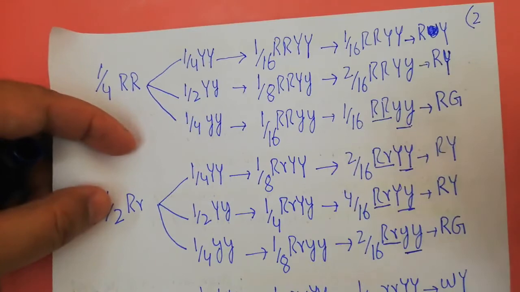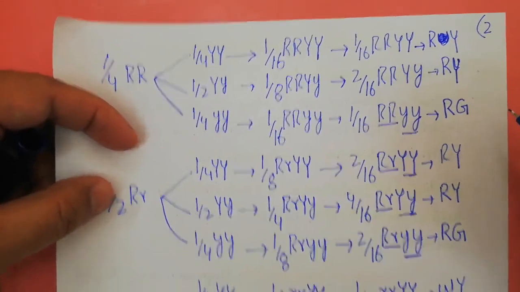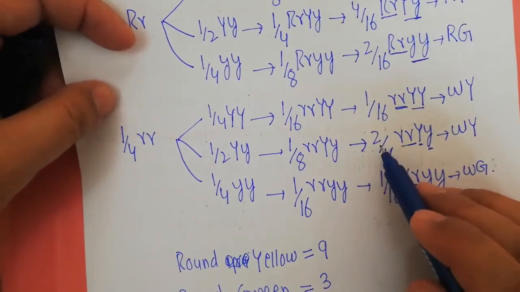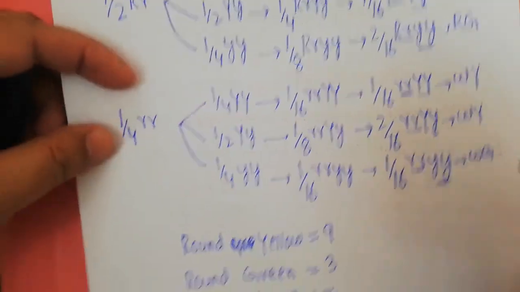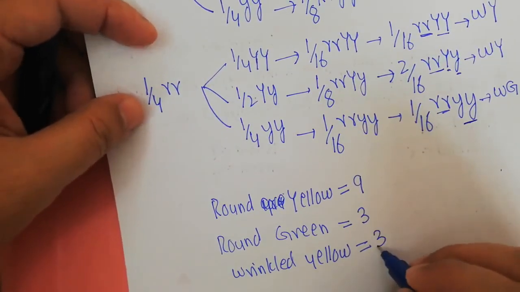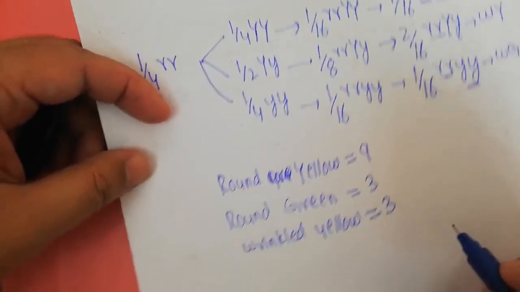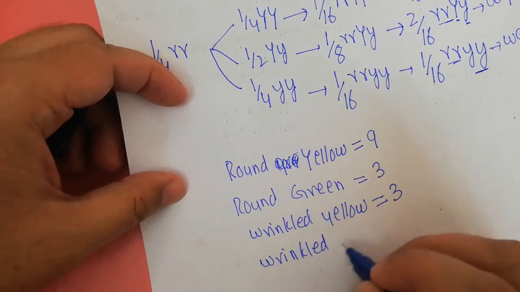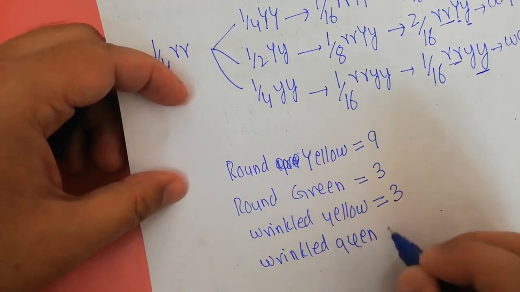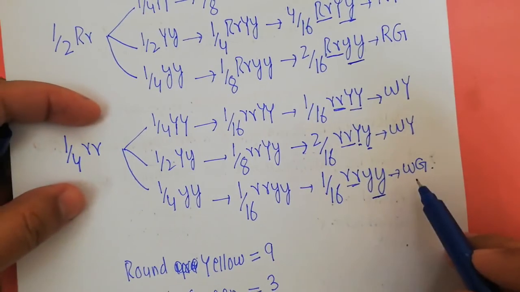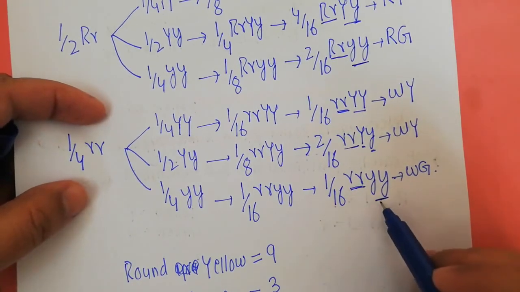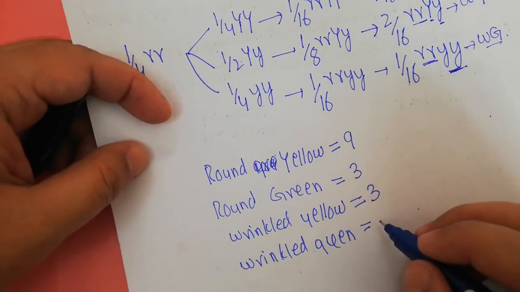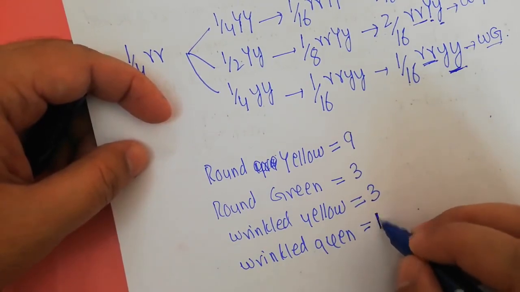So if you count the wrinkled yellow, this is wrinkled yellow, 1 wrinkled yellow. You have got another 2 wrinkled yellow, so a total of 3 of the offspring out of the 16 will be wrinkled yellow. And if you talk about the wrinkled green, there is only 1 offspring, with this one, the small r, small y, and small y, which has the wrinkled green phenotype.